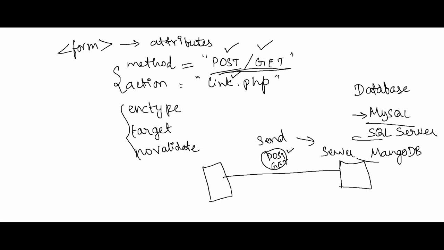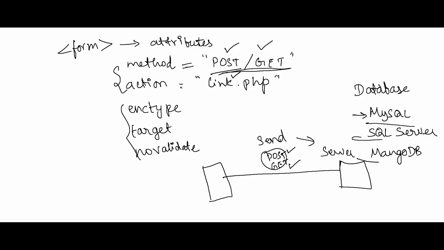So post means it will send in a more secured way when compared to get. Both are used to send data, but when compared to get, post is used to send it securely.